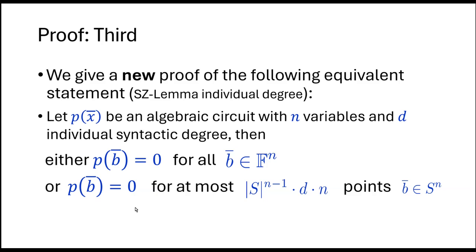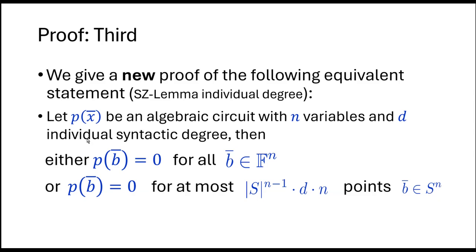Or P(b) is equal to 0 for at most size of S to the n minus 1 times d, the individual degree, times n points in the cube S to the n.